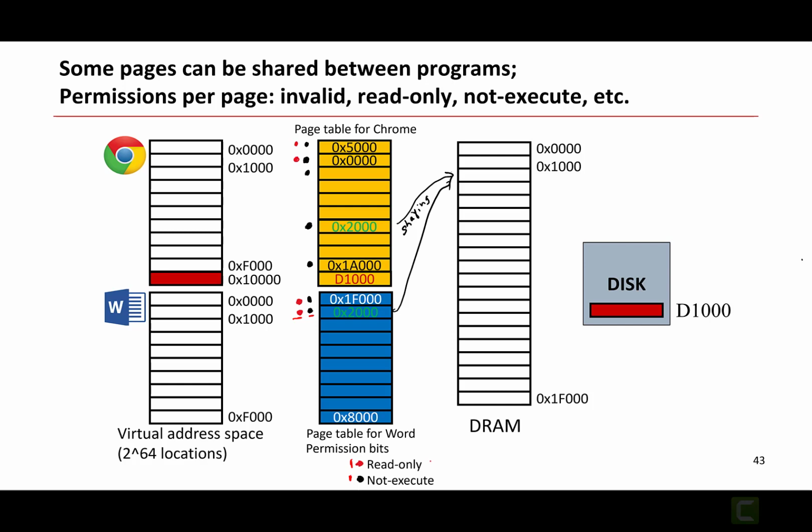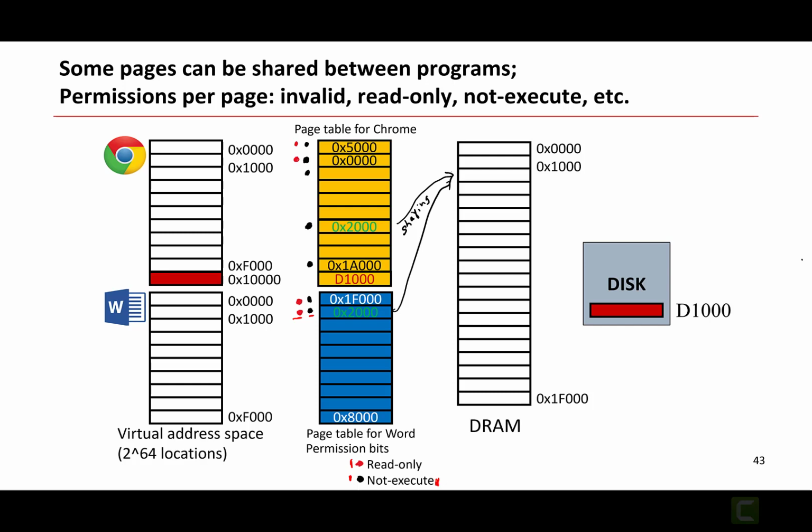Why would this be interesting? Well, let's say the programmer wanted to make sure that the program does not accidentally modify the instructions. In that case, you want to mark the pages containing the instructions as read-only. That's not the only situation where read-only pages are useful, but that's a good example.